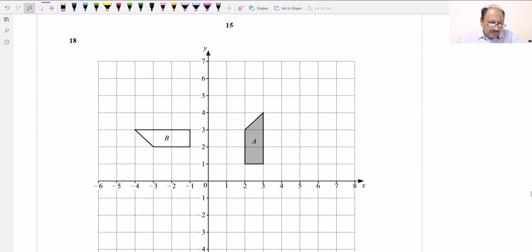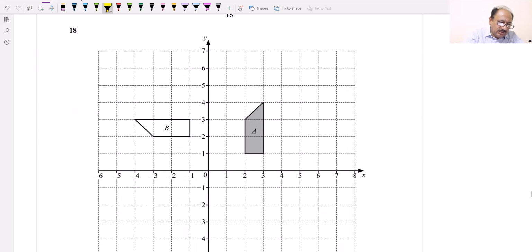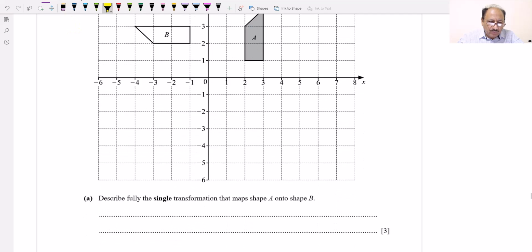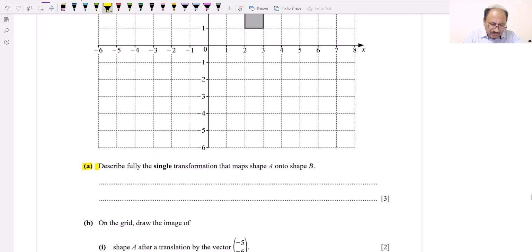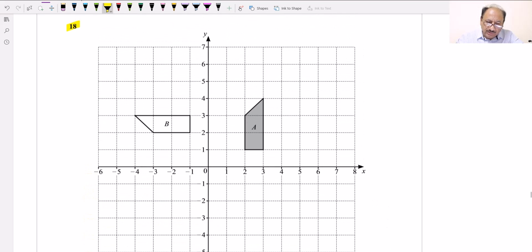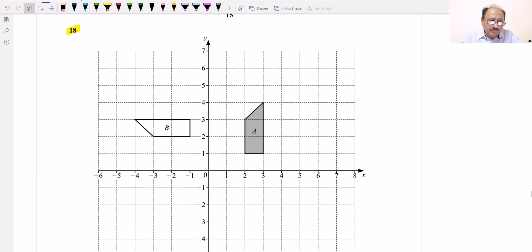Now question number 18. A grid is provided, and A and B diagrams are also provided. They're saying A part, describe fully the single transformation that maps A onto B. So A onto B will be this one, so we can check for the angle and center.